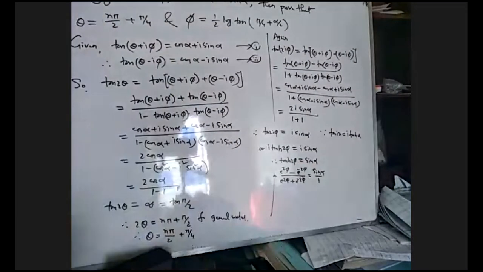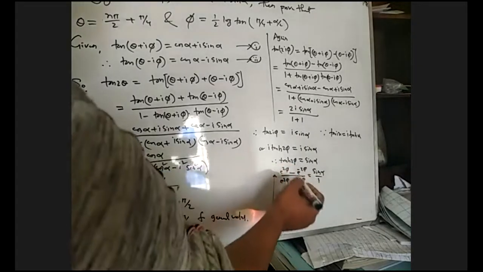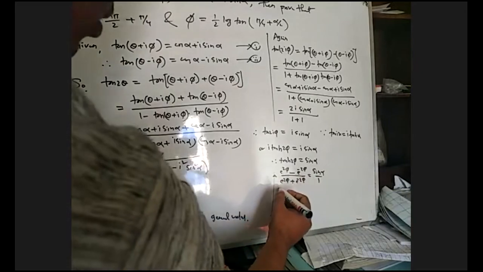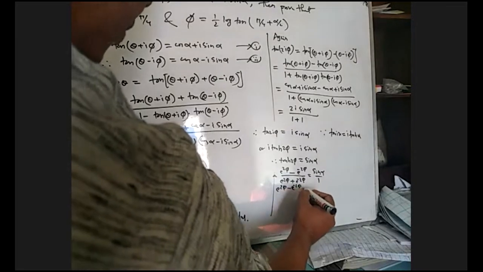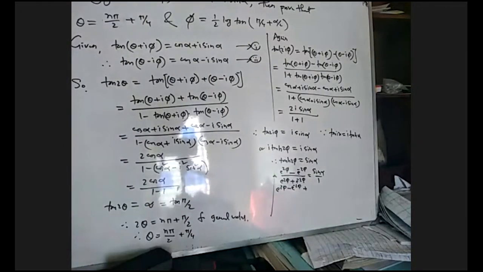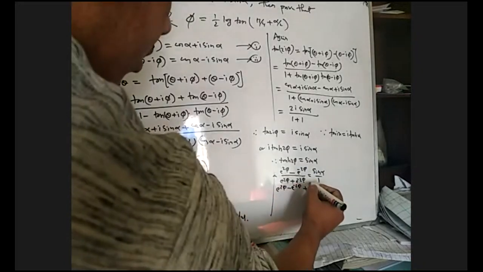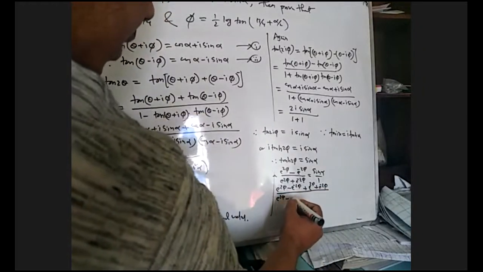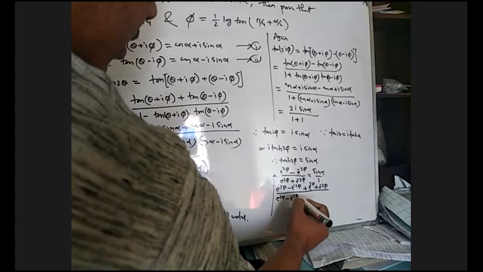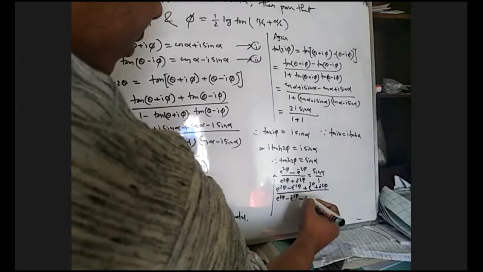Now by componendo and dividendo, you must know what componendo and dividendo are: numerator plus denominator, numerator minus denominator. So e to the power twice π minus e to the power minus twice π plus e to the power twice π plus e to the power minus twice π, divided by e to the power twice π minus e to the power minus twice π, denominator minus denominator.